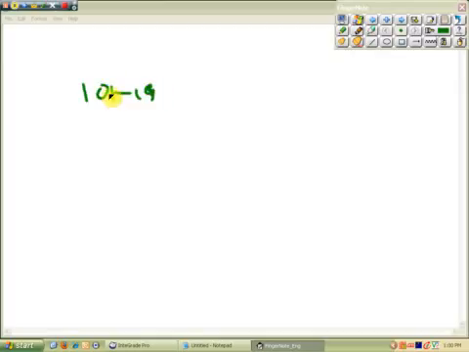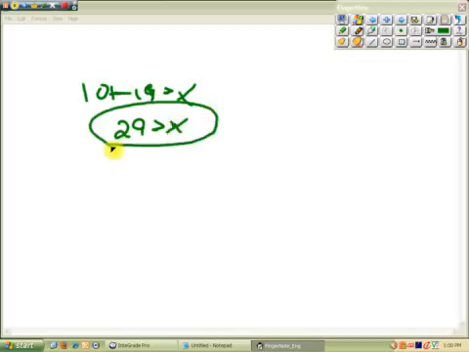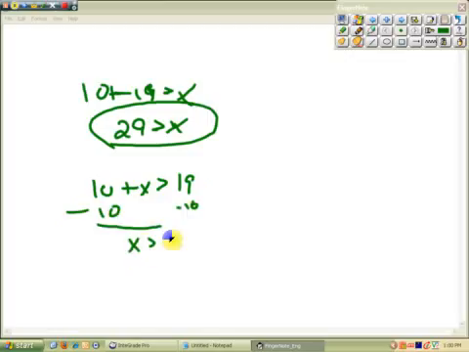So the number has to be less than 29, and then we take the smaller one, add x, and it has to be greater than 19 also. So we subtract 10, and x has to be greater than 9. So our x has to be greater than 9 and less than 29. So the answer is C for number 38.